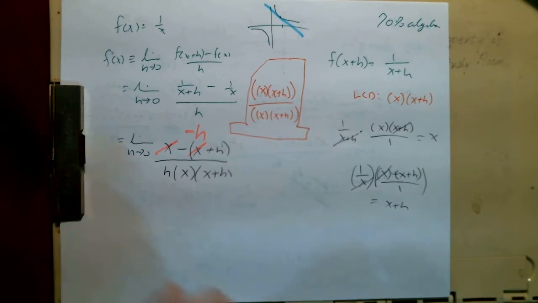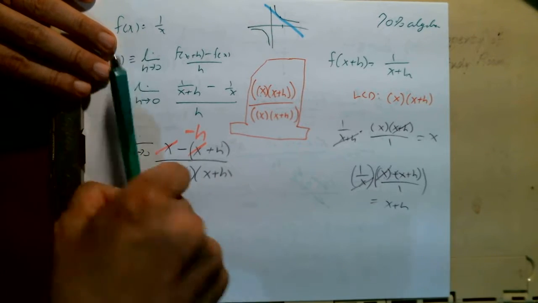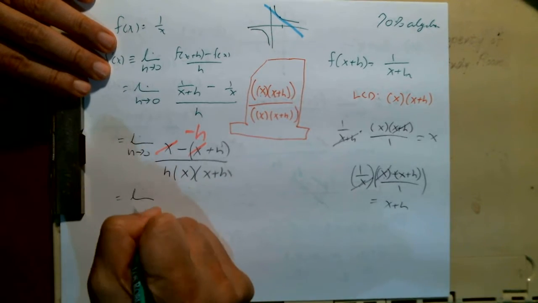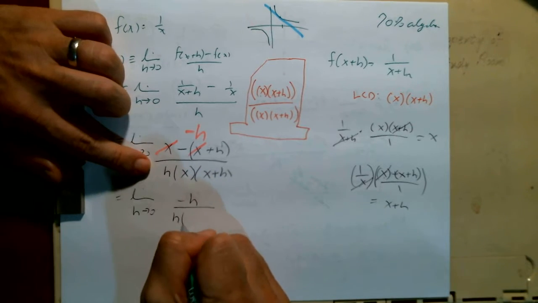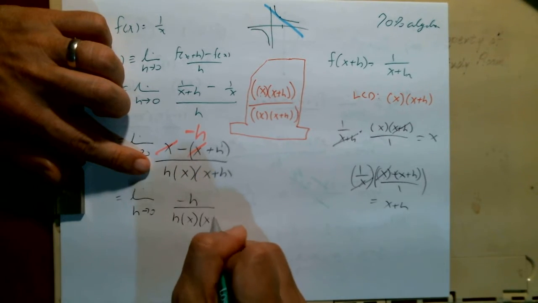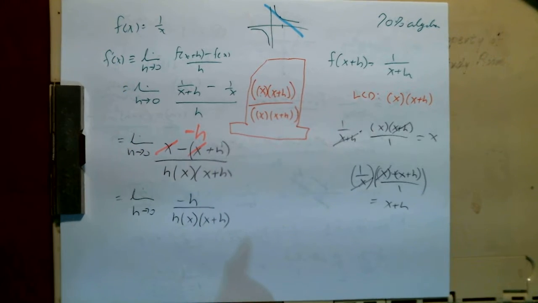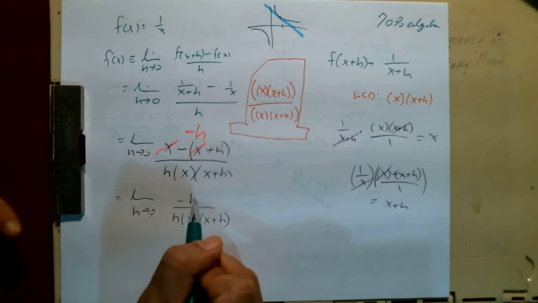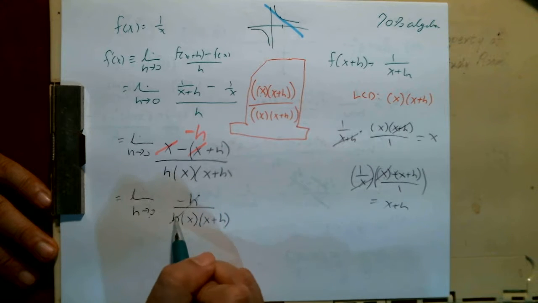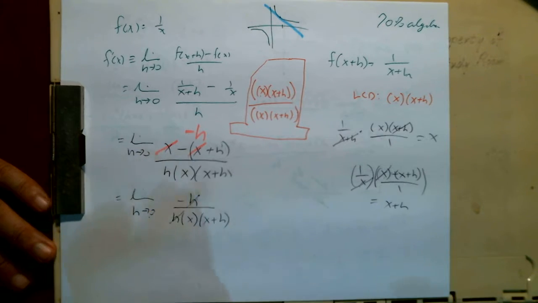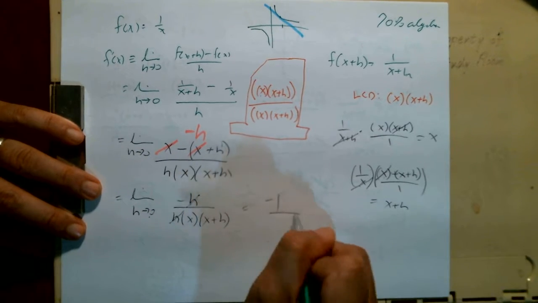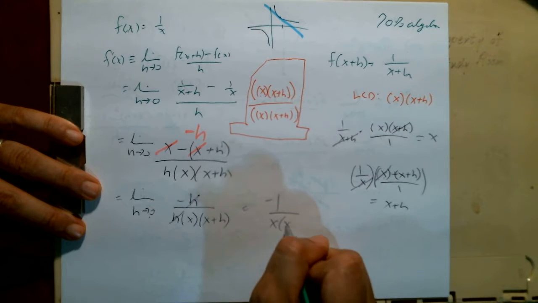Okay, so what you end up with is the limit as h approaches 0 of negative h over h times x plus h. Now, as you notice, the h's will cancel. Remember I said the h has to cancel with the denominator, and you notice how it cancels with the numerator. You end up with negative 1 over x times x plus h.